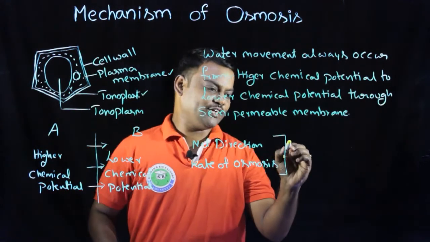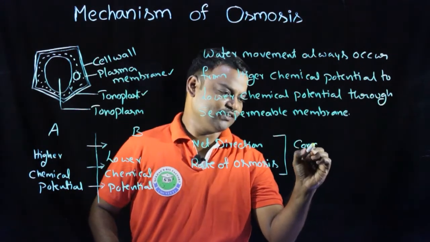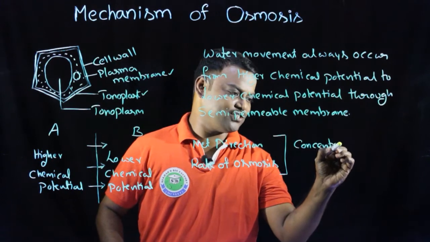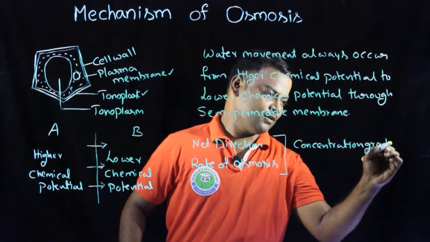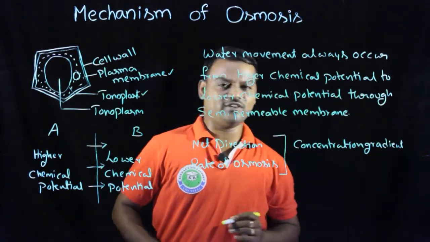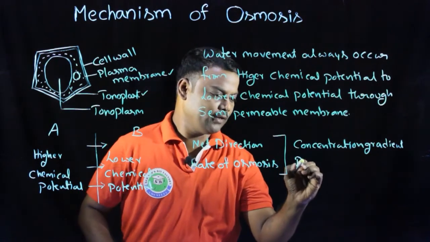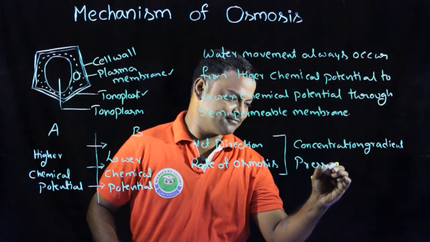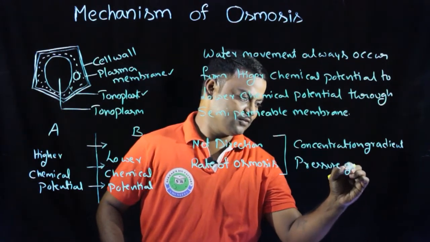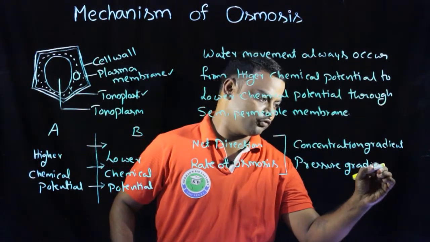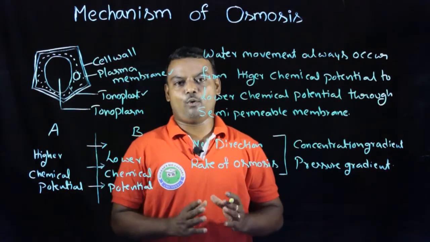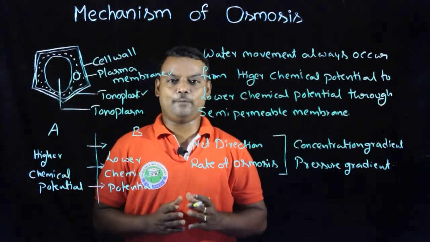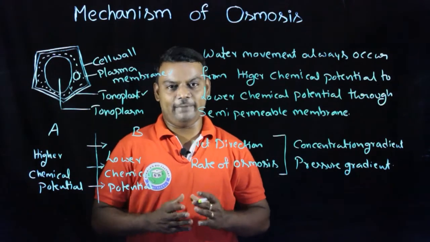The first factor is concentration gradient, and along with the concentration gradient, pressure gradient. The pressure gradient also plays an important role, and this entire process takes place until it reaches equilibrium.